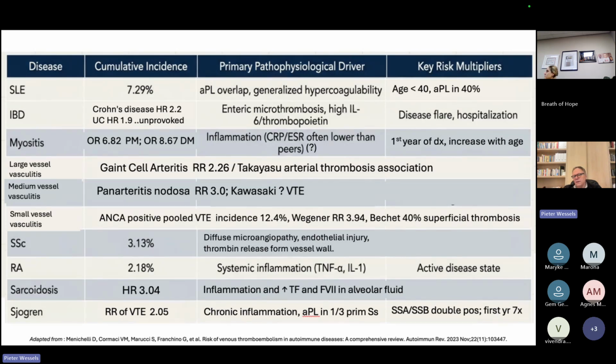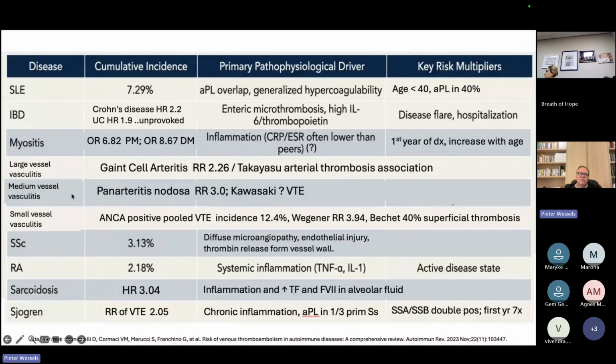Risk for everything increases with age, but the first year of diagnosis is the time. So you're not going to give all patients with polymyositis or dermatomyositis permanent anticoagulation. You may consider it depending on underlying other factors. At the time of hospitalization, you should give it, or if they've got a flare at the time.